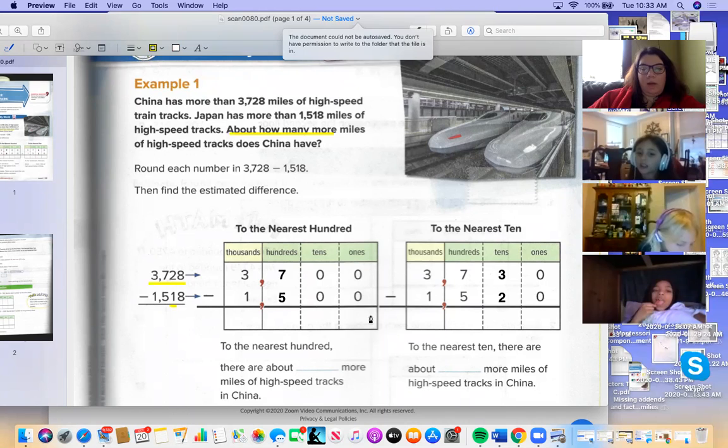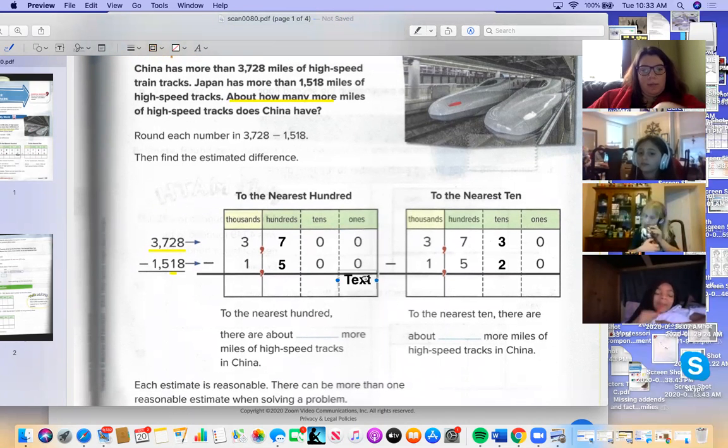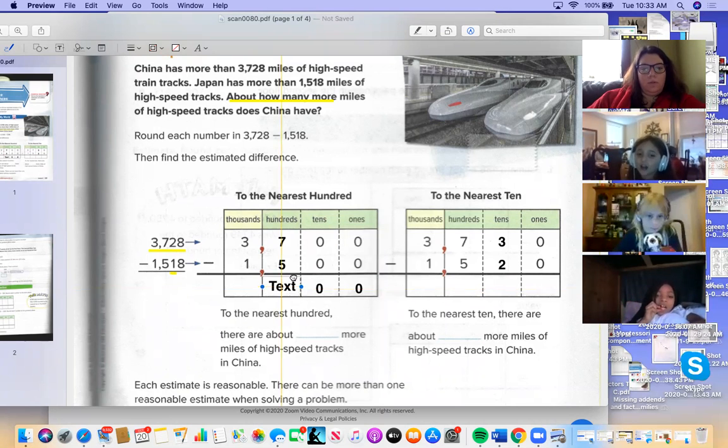All right, so we got our rounding done. Now we can subtract. 0 minus 0 is 0. 0 minus 0 is 0. 7 hundreds minus 5 hundreds is 200. And 3,000 minus 1,000 is 2,000.